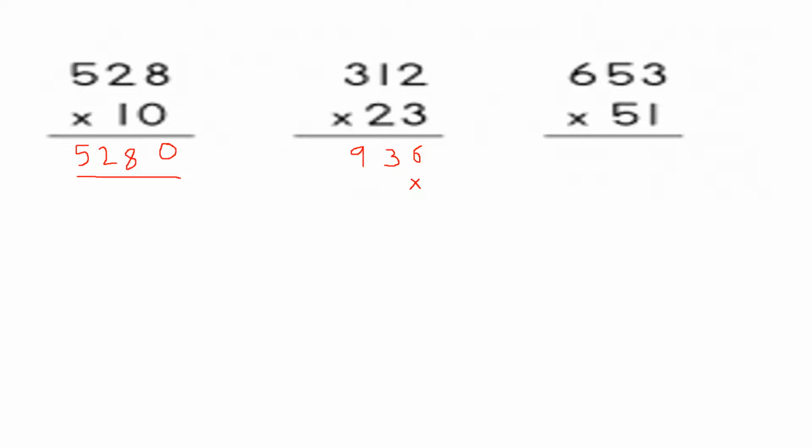So 2 twos are 4. 2 ones are 2. 2 threes are 6. Now children, add this. There is no number below 6, so write down 6 here. Now 3 plus 4 is 7 and 9 plus 2 is 11. So 1 carry here. Now 1 plus 6 is 7. So what is your answer, children? 7176.